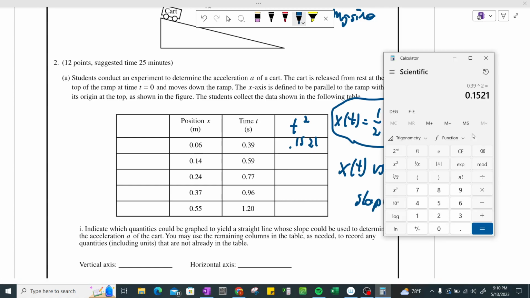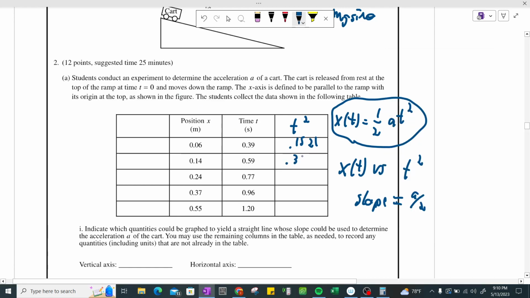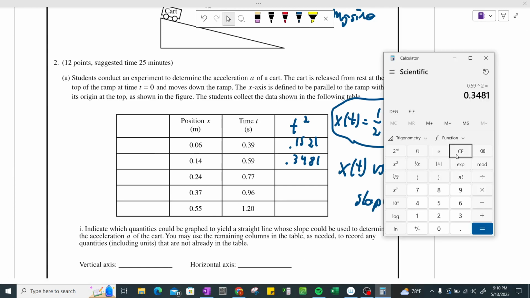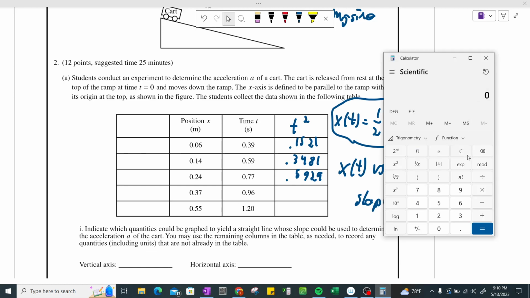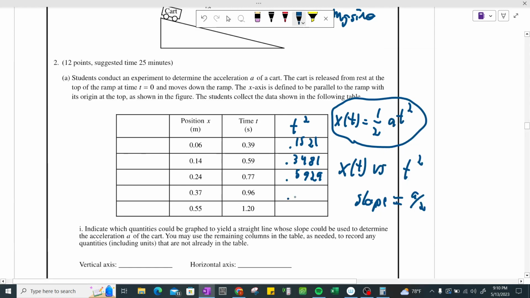Our next one was 0.59 squared, which is 0.34 each one. I've got 0.77 squared, which is 0.5929. And these, I would definitely carry all the decimals just to be safe. I know they allow you to do rounding within reason, but it's going to be helpful on the graph to have a more precise value.